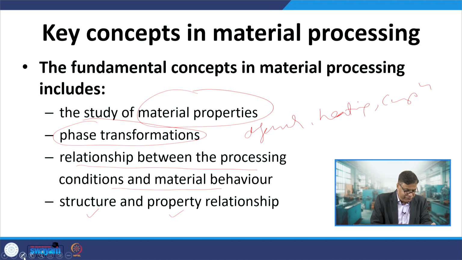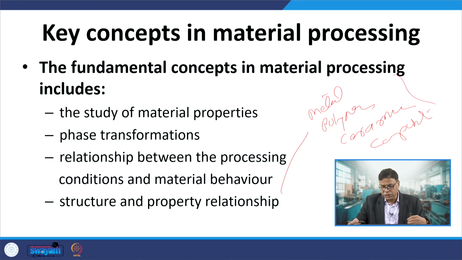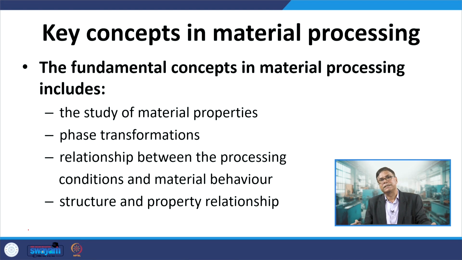Since we are dealing with a variety of materials like different types of metals, polymers, ceramics, or even a mixture of these in the form of composites, understanding how the structure of a particular kind of material affects the properties is also important in designing a suitable material processing approach, so that at the end of the processing we are able to realize the desired set of microstructural features, structural features and properties to realize the desired performance.